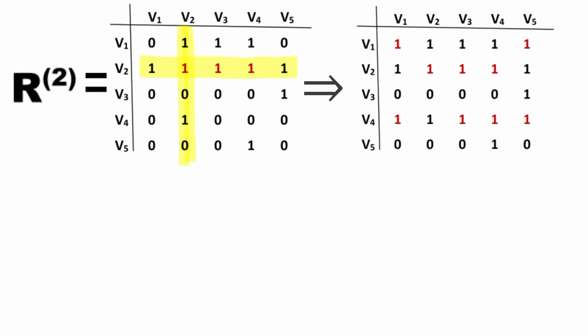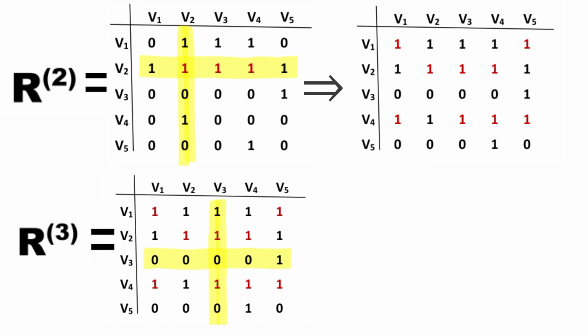In V sub 4, there are also four new paths, which are V sub 1 to V sub 4, V sub 3 to V sub 4, V sub 4 to V sub 4, and the last, V sub 4 to V sub 5.